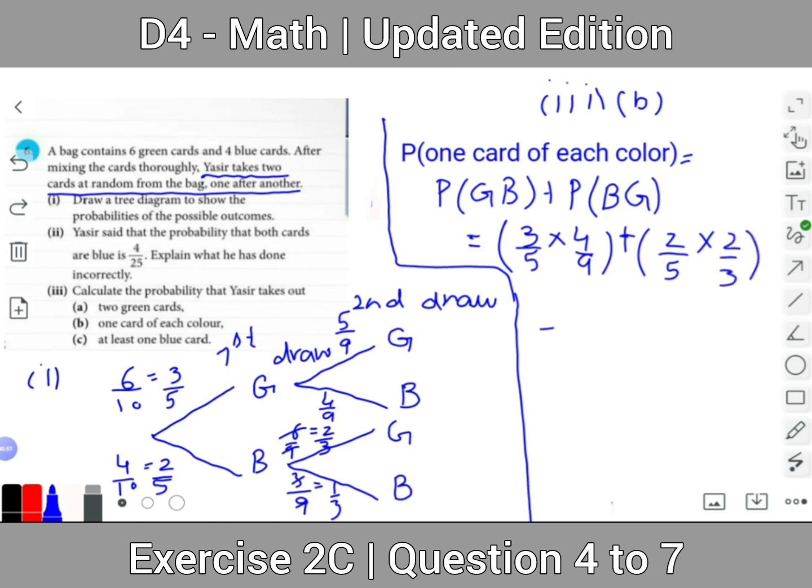Now we will multiply. So here we have 4 3s are 12 over 9 5s are 45, plus 2 2s are 4 over 5 3s are 15.